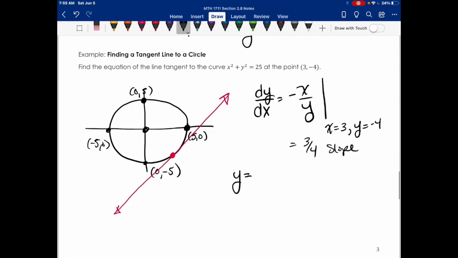So now I know what my slope is. I've got to plug in my point x and y to find my b. So I'm going to plug in 3 for x, negative 4 for y, and I'm going to solve this for b.